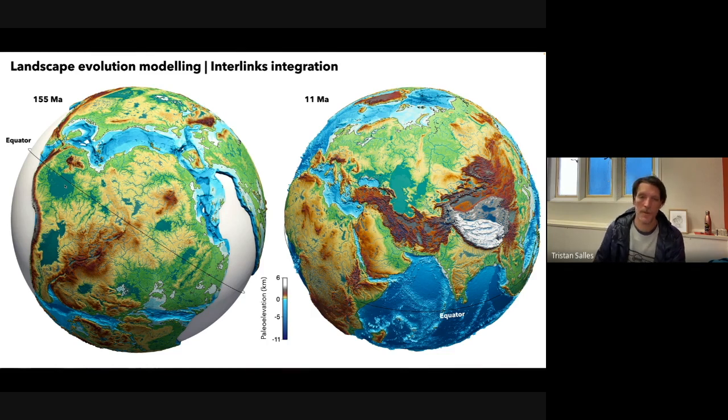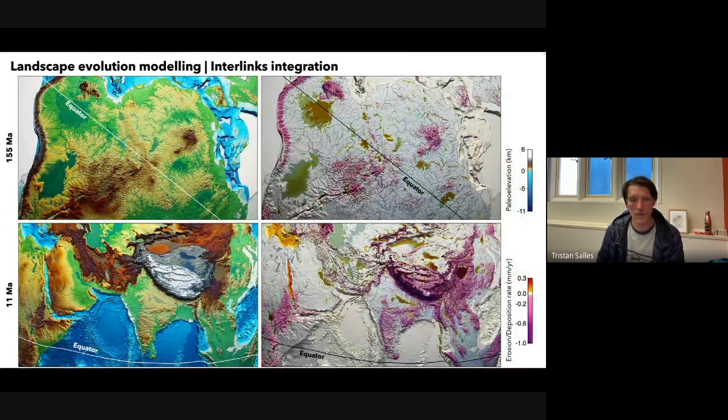Okay, and so we can look at this evolution over time, and another snapshot shows pretty much the same thing, except that on the right you've got the amount of erosion and deposition. In purple you've got the erosion, and in orange some deposition. So this could be used, for example, there are methods to date the exhumation of a mountain.